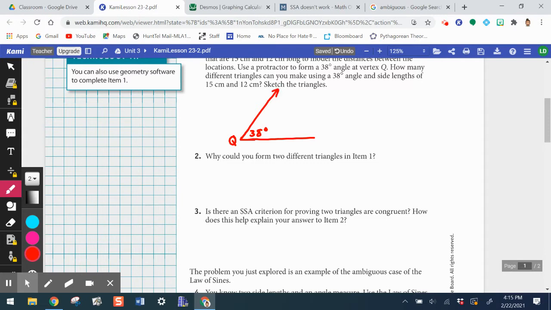And so these rays could continue on forever and ever, and it's still a 38-degree angle. So with that in mind, the measures of these other two sides that they give us, 15 kilometers and 12 kilometers, don't actually dictate this angle measure.